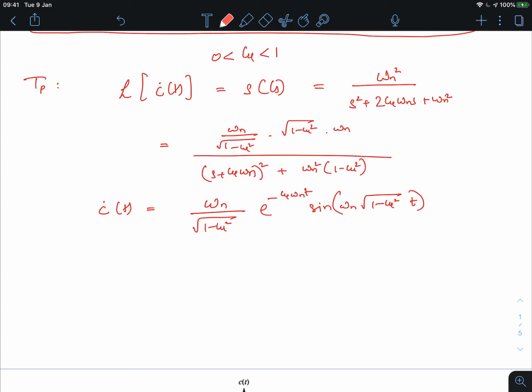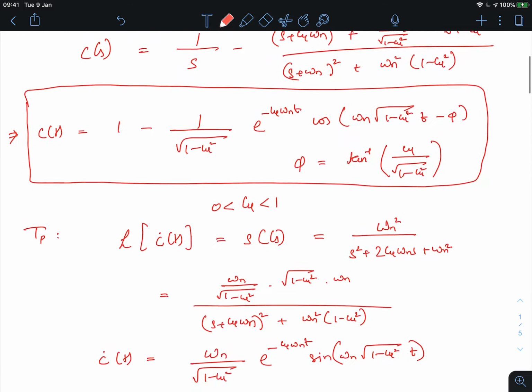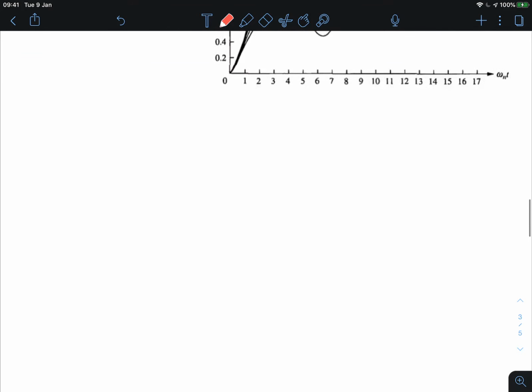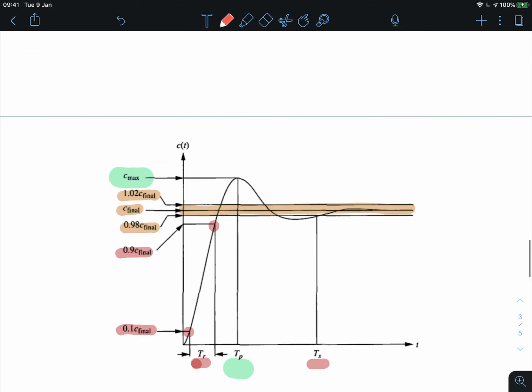Now we want this derivative to be 0. The idea behind having this derivative equal to 0 is that the slope of the tangent at this point would be 0.